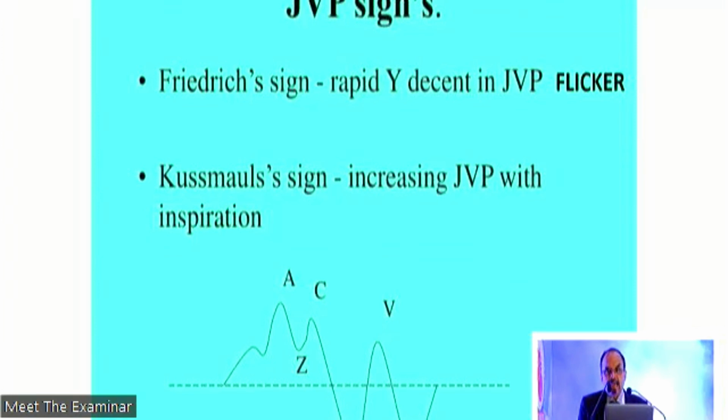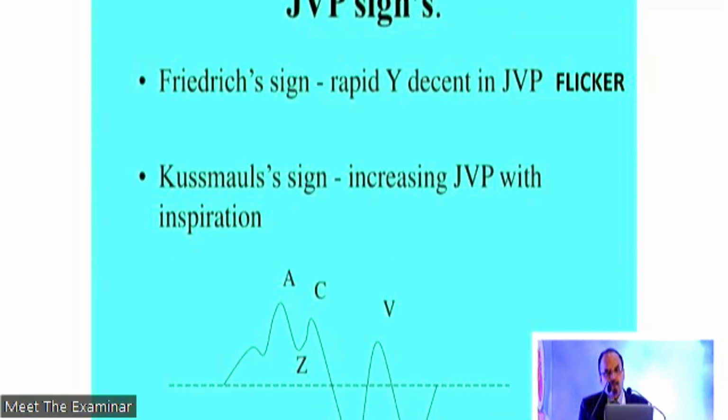So in a normal person, this leads to transmission of the intrathoracic pressure to the heart, and so we don't get any rise in the JVP as we inhale. In constrictive pericarditis, we have this Kussmaul sign, which is increasing JVP with inspiration.